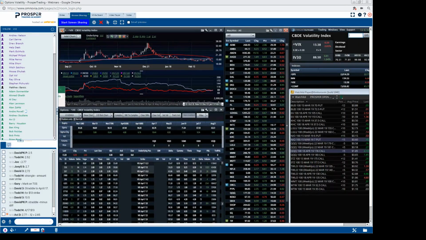However, VIX individual options, depending on the expiration, are not based off of this spot VIX number of 1340 right now. It is based off of the VIX future.